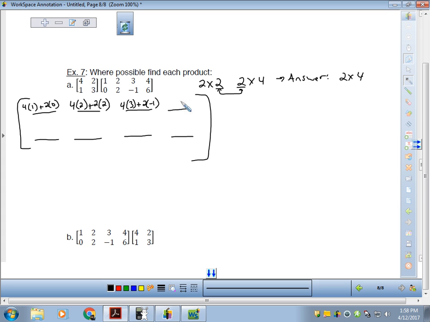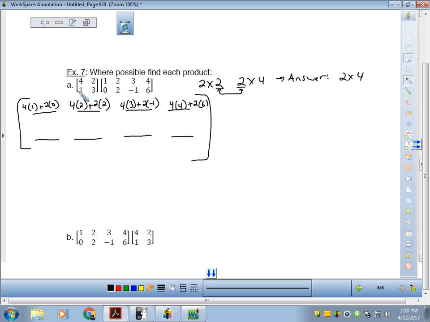And then this is the first row, fourth column. So I'll take the first row, 4, 2, multiply by the fourth column, which is 4, 6. So I'll have 4 times 4 plus 2 times 6. Down on the bottom row, this is row 2, column 1.